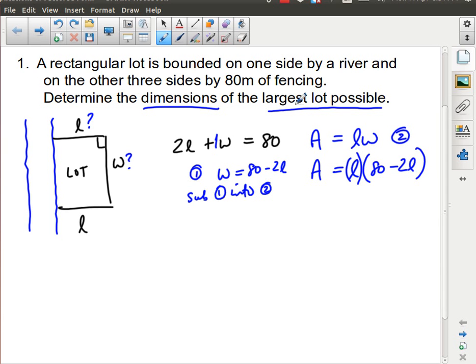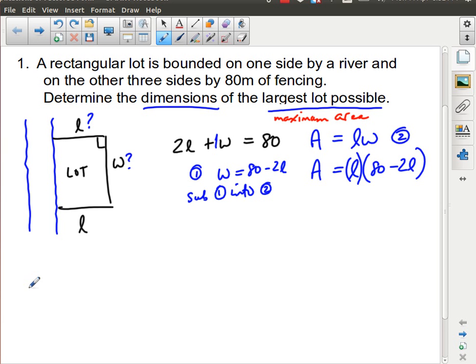Now we are trying to find the largest lot possible. And so what does that mean? Well, another word that goes with largest is maximum. When we talk about the largest lot, we're talking about the maximum area. So we are trying to find the maximum area of this lot. Well, here's an expression for area. How do we find the maximum? Something to keep in mind is that this is quadratic.